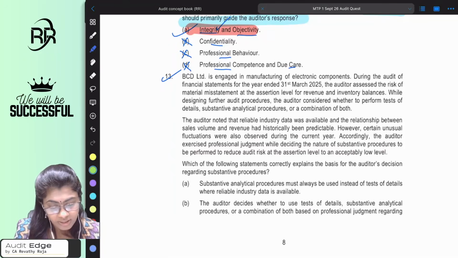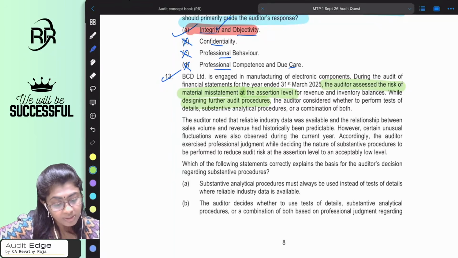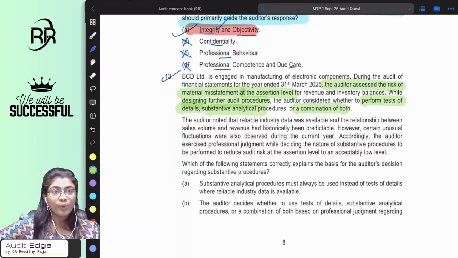BCD Limited is engaged in manufacturing electric components. During the audit of financials for the year ended 31st March, auditors assess the risk of material misstatement at assertion level for revenue and inventory. While designing the further procedures, the auditor considers whether it is necessary to perform TOD, substantive, or a combination of both.